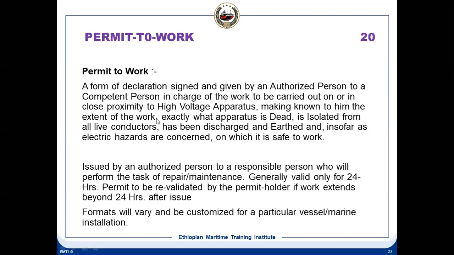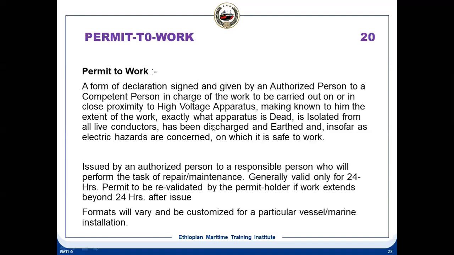It should specify the extent of the work, what apparatus are dead, isolated, discharged, and earthed, and insofar as electrical hazards are concerned, on which it is safe to work. This is the permit to work definition. It's very important.